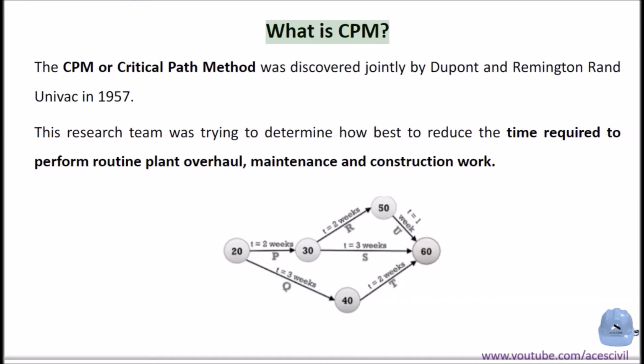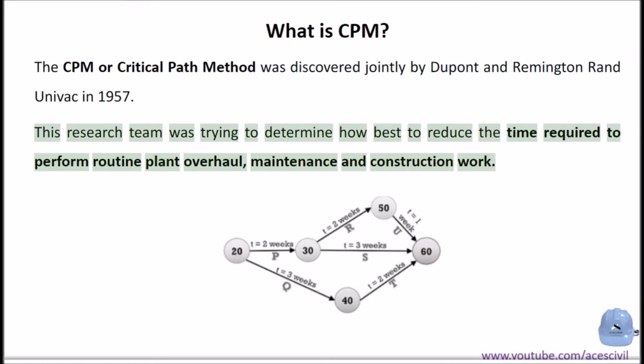What is CPM? The CPM or Critical Path Method was discovered jointly by DuPont and Remington Rand Univac in 1957. This research team was trying to determine how best to reduce the time required to perform routine plant overhaul, maintenance, and construction work.